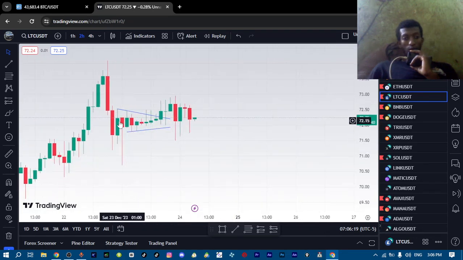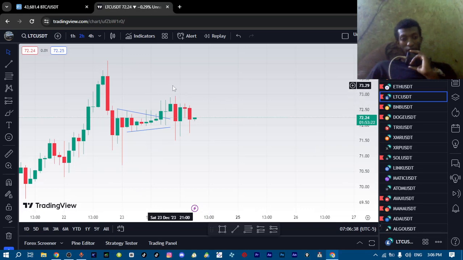If you know wicks and gaps and imbalances like this one, if they are filled, then the candle that filled that imbalance, that wick or that void, will be regarded as a swing low or a swing high.